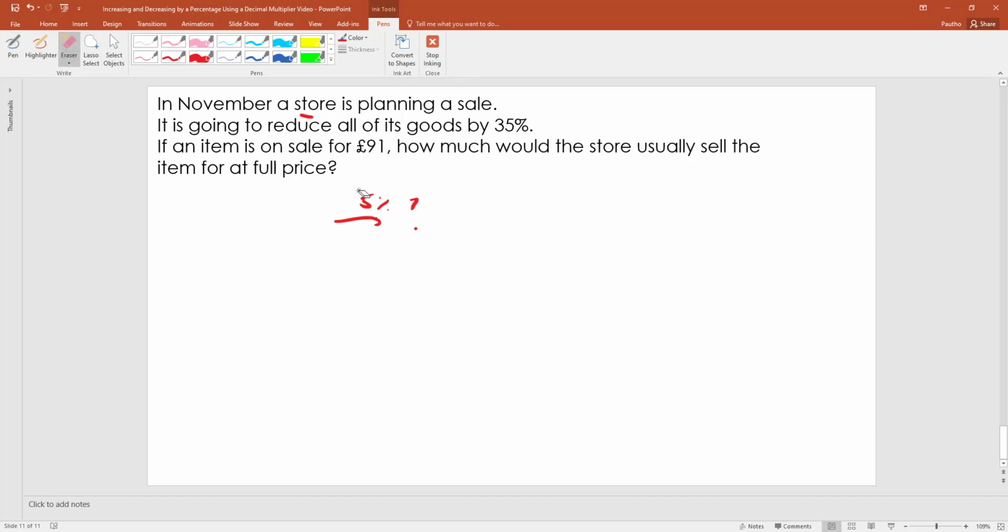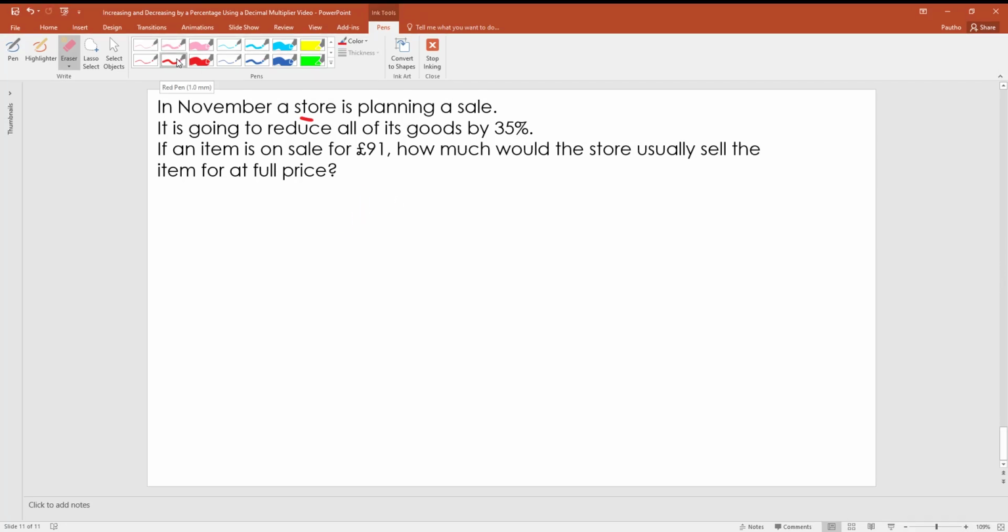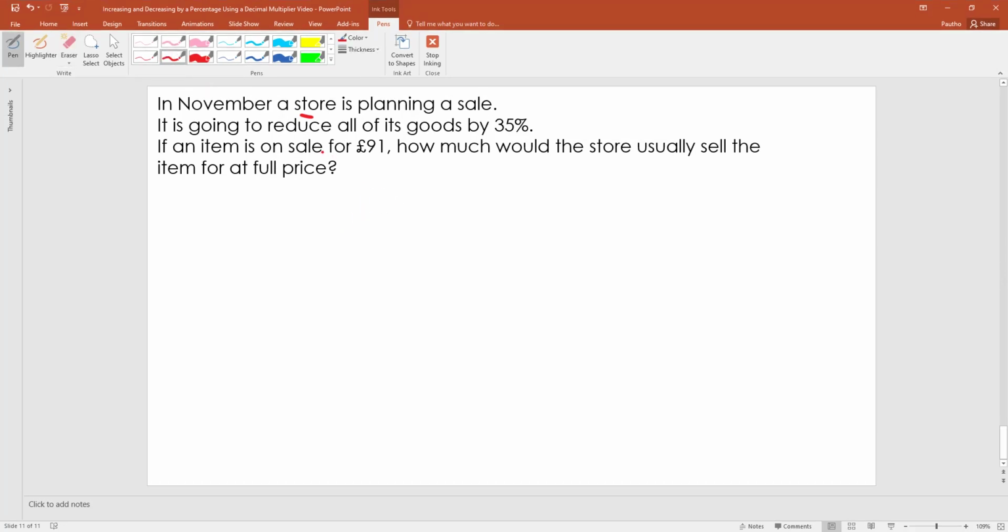If you're drawing this picture, you should always draw a chronological picture that's in time order. The sale price, that's what's happened. I want to know what it usually is. So what was it before it went down to 91?